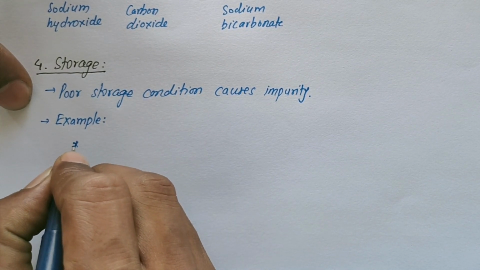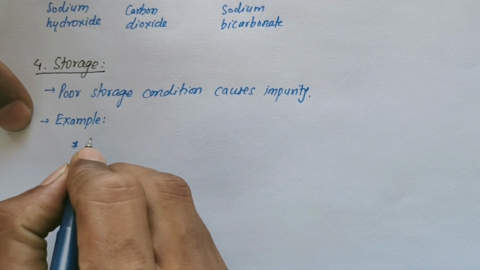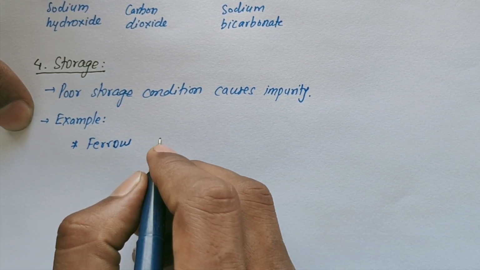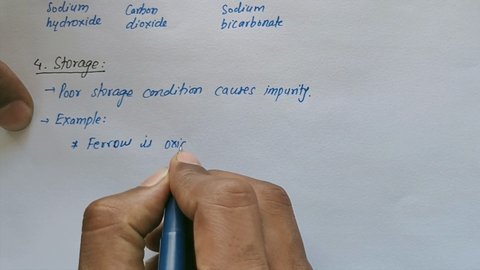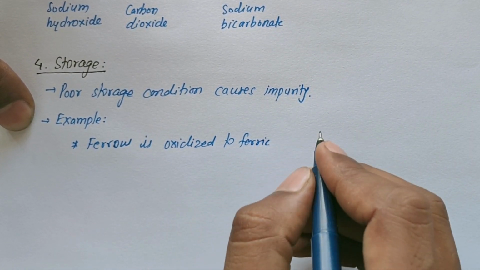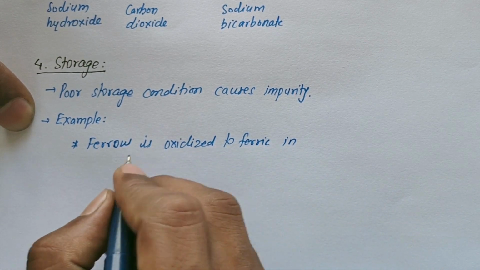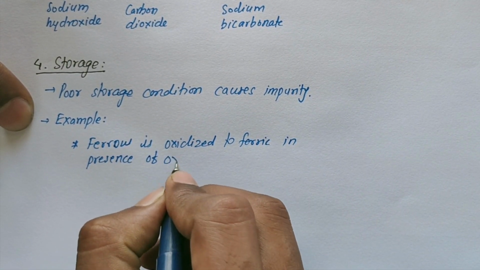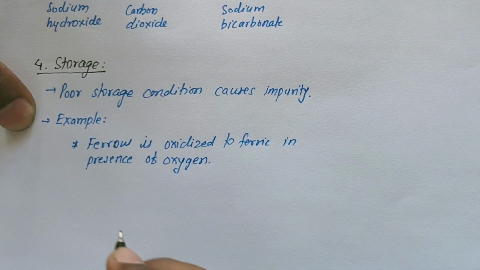As for example, ferrous is oxidized to ferric in presence of oxygen upon storage. Understood? So suppose we have a ferrous containing final product, which will oxidize to ferric in presence of oxygen.